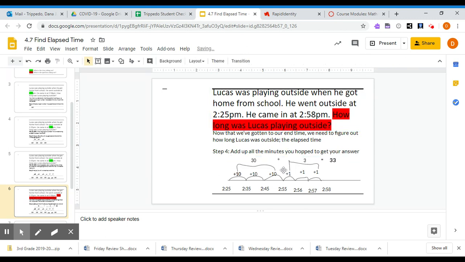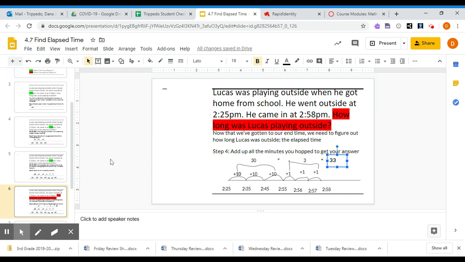So what I like to do is to chunk the easy numbers together. So when I add all these up, I get 30. When I add all my ones up, I get 3. And when I add 30 and 3, I get 33, which would be our answer of how long Lucas was playing outside. He was outside for 33 minutes.